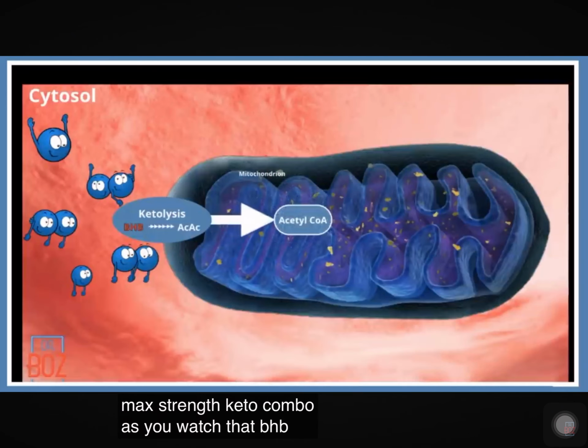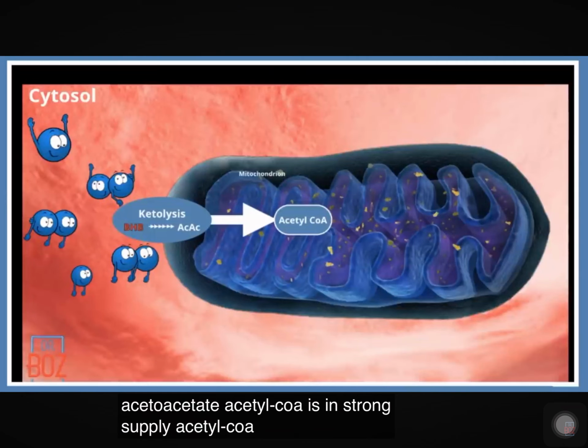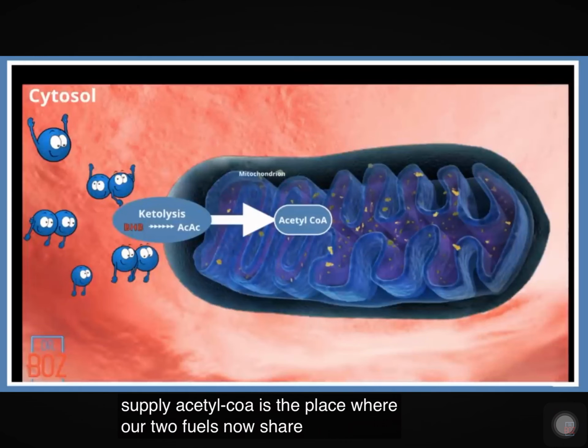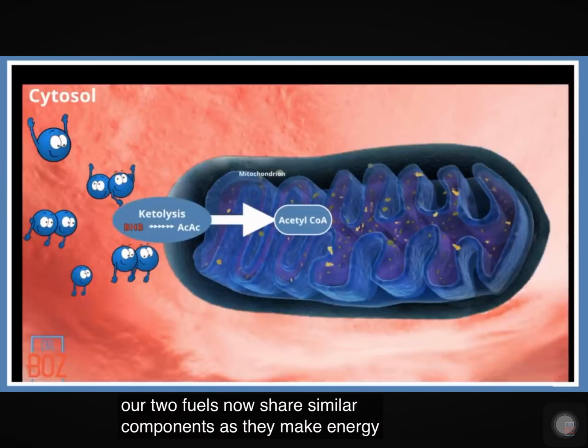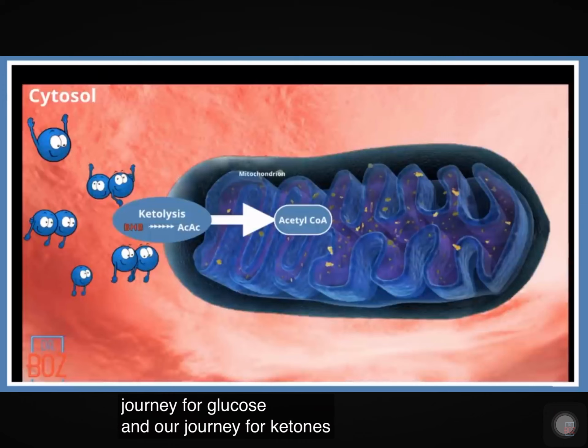As you watch, that BHB becomes acetoacetate. Acetyl-CoA is in strong supply. Acetyl-CoA is the place where our 2 fuels now share similar components as they make energy. Acetyl-CoA is the first place that our journey for glucose and our journey for ketones become one.